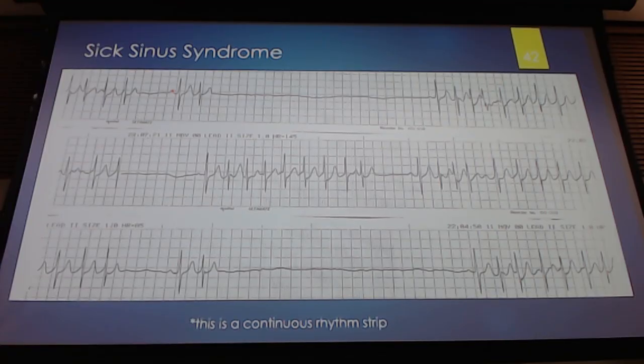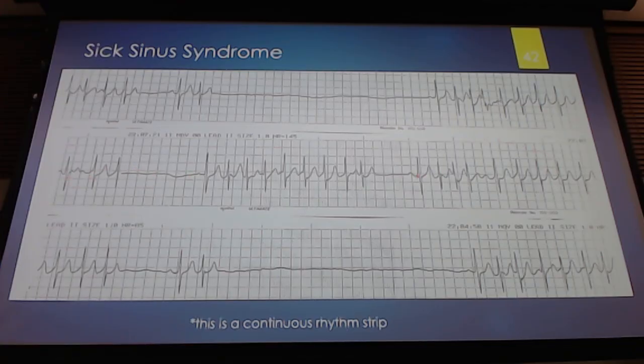So this is actually taken from a very long, continuous rhythm strip. I have them separated here, but if you cut these out, it would be one long rhythm strip where this patient goes from a little bit of a tachycardic rate, so you go 300, 150, okay, tachycardic, and then we have probably a sinus block here, then this long period of sinus arrest, and we go tachycardic, and then it comes down here, and then all the way to sinus arrest.